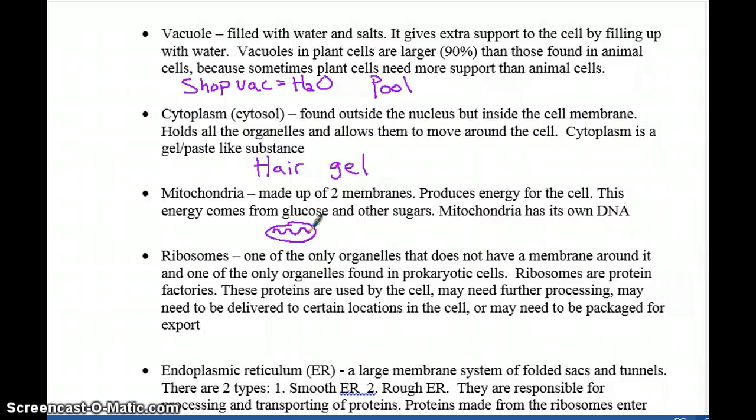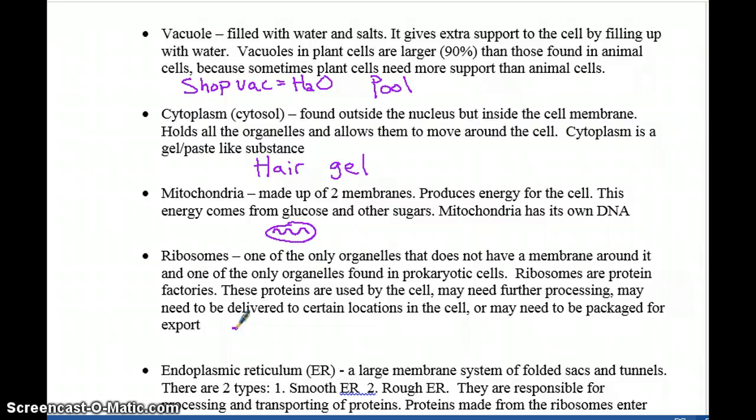Then we have the ribosomes. The ribosomes are just little tiny dots floating around the cell. They are smaller than a lysosome. You could also find the ribosomes on what's called the rough endoplasmic reticulum, or the rough ER.